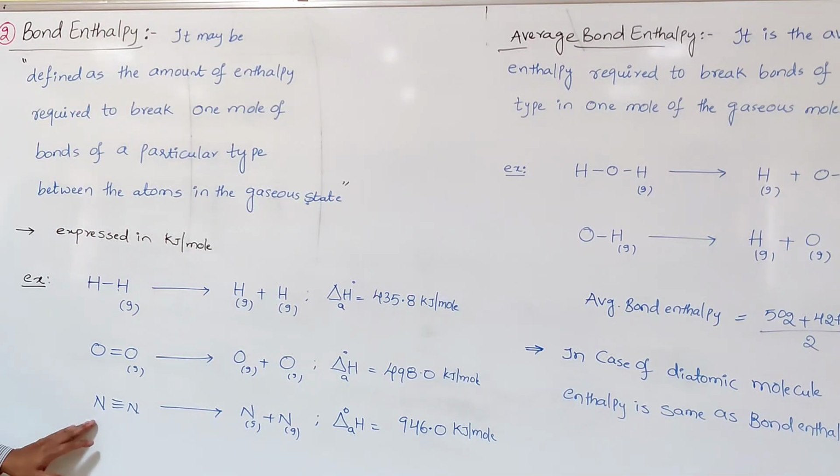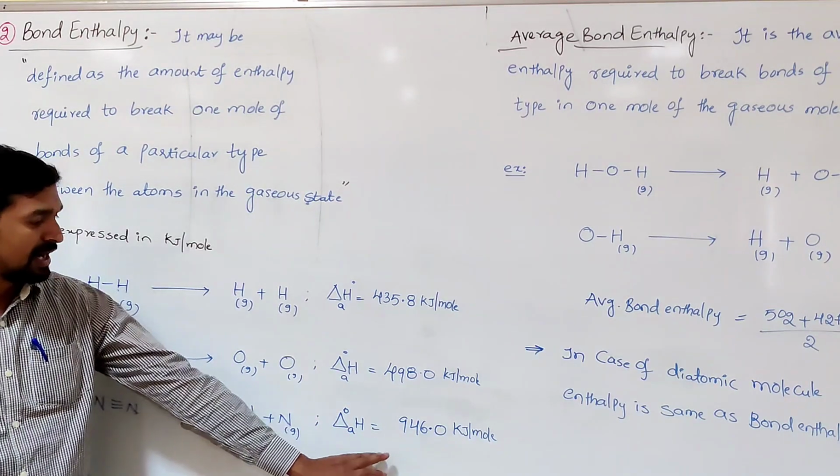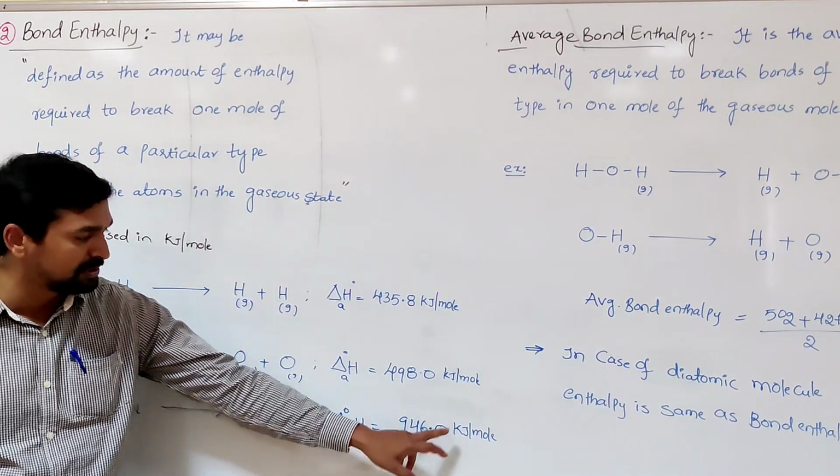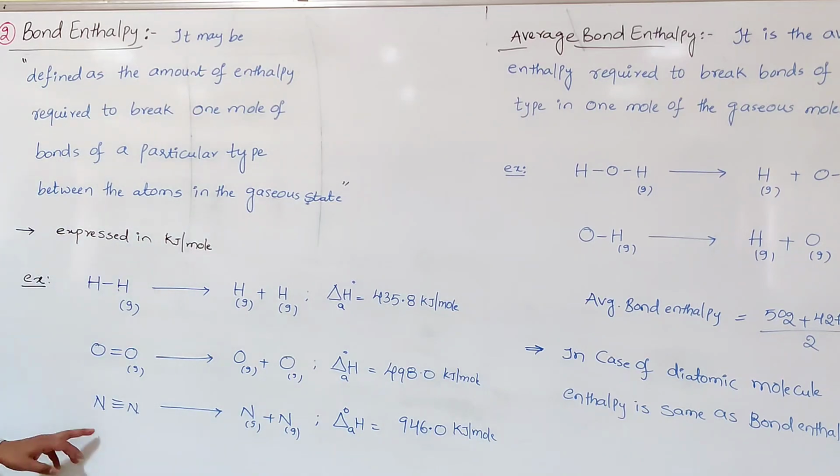In the case of the nitrogen molecule, again 1 mole of triple bonds is present. To break 1 mole of triple bonds, the energy required is 946.0 kilojoule per mole, which is called the bond enthalpy of the N≡N bond.